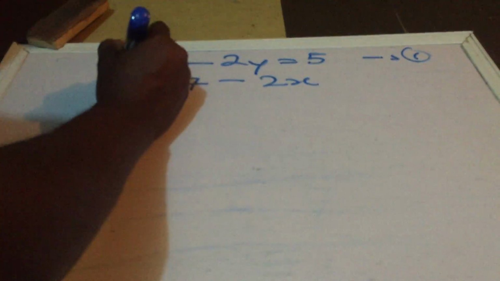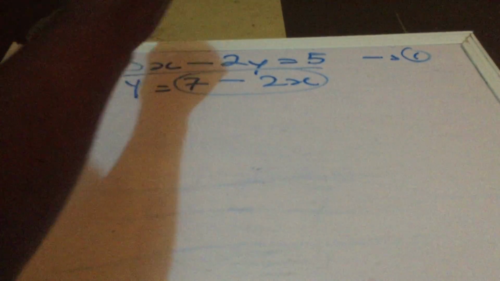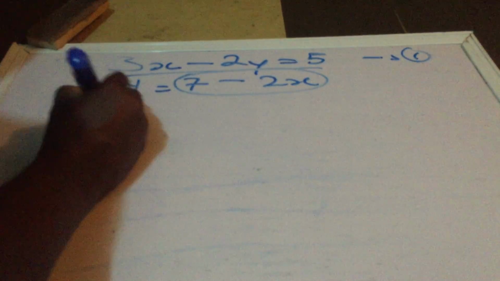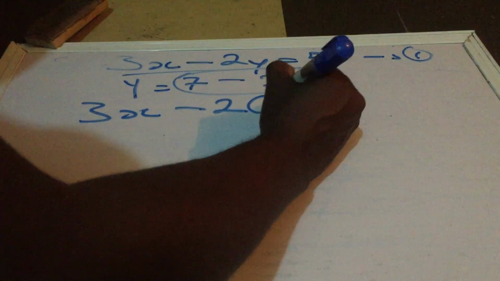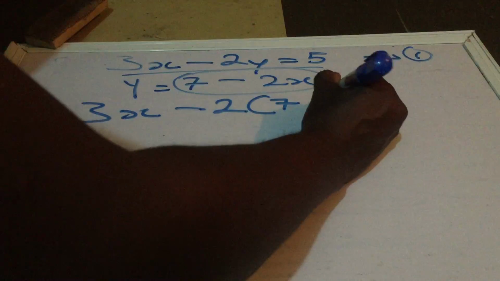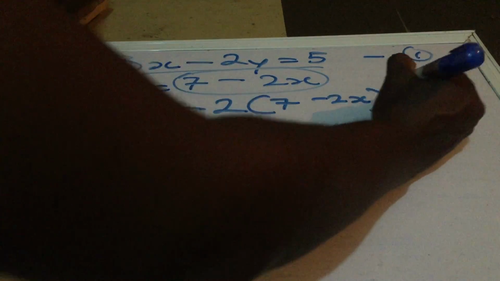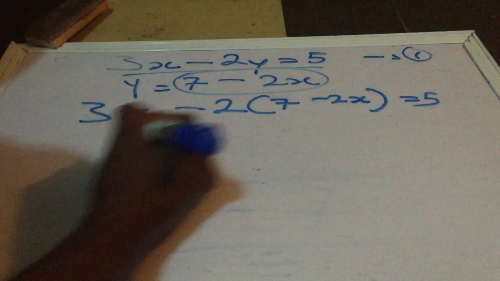Anywhere I see y here, I will put this in place of it. So we say 3x minus 2, then in brackets 7 minus 2x, bracket close, is equal to 5.